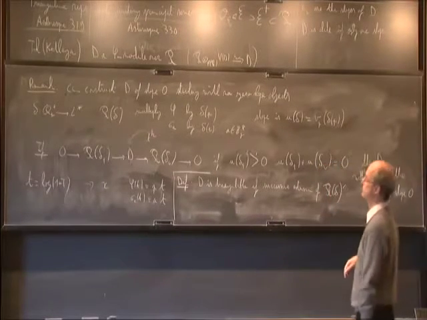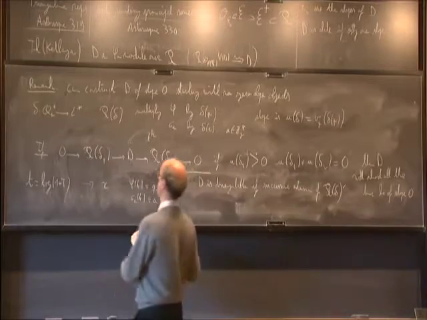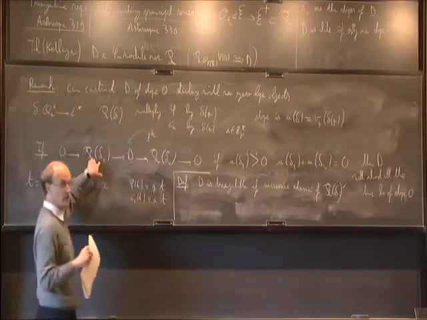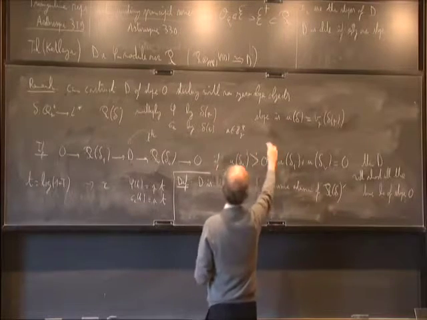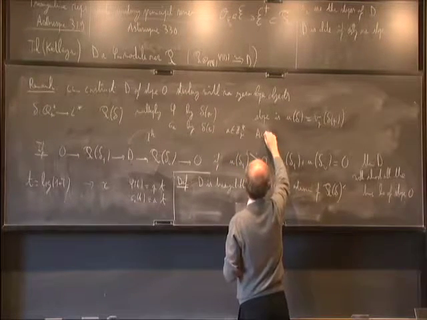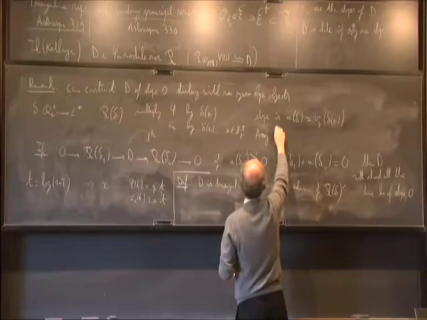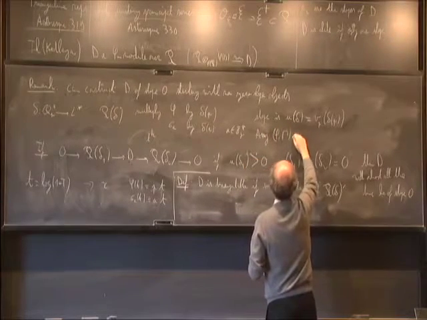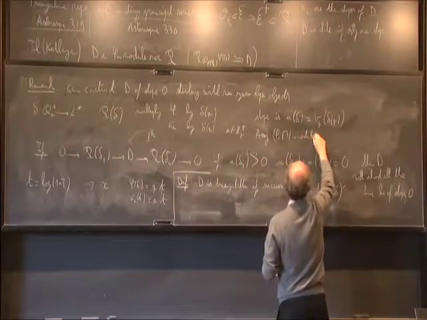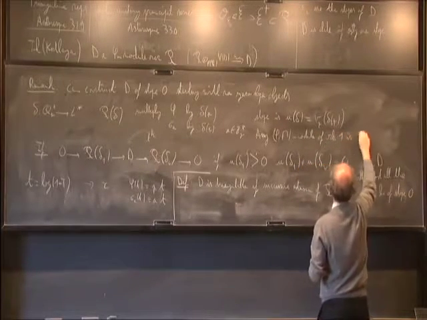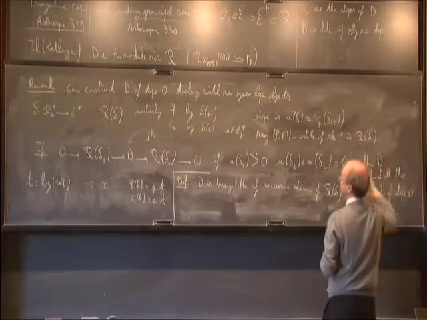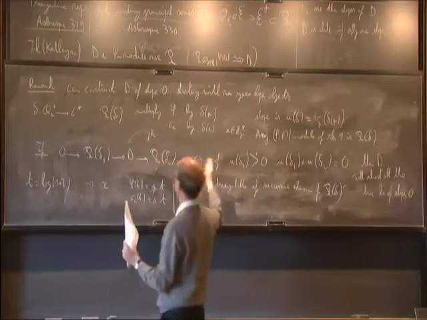Maybe I should say that any phi-gamma module of rank 1 is of this shape, R of delta for some delta. So why is this true?